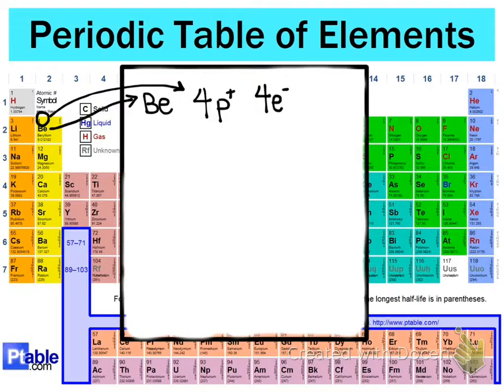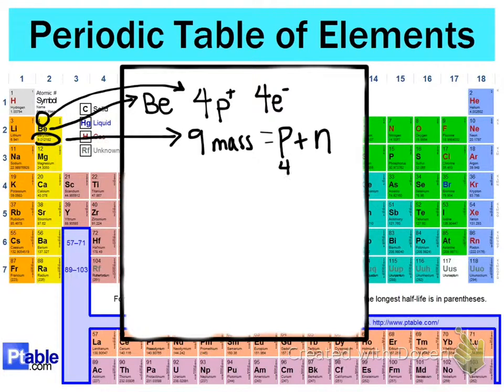And then the number on the bottom, 9, this is your mass, which equals protons plus neutrons. Okay, so I know my protons are 4. I don't know my neutrons, but I know it equals 9. Okay, so my number of neutrons has to be 5.